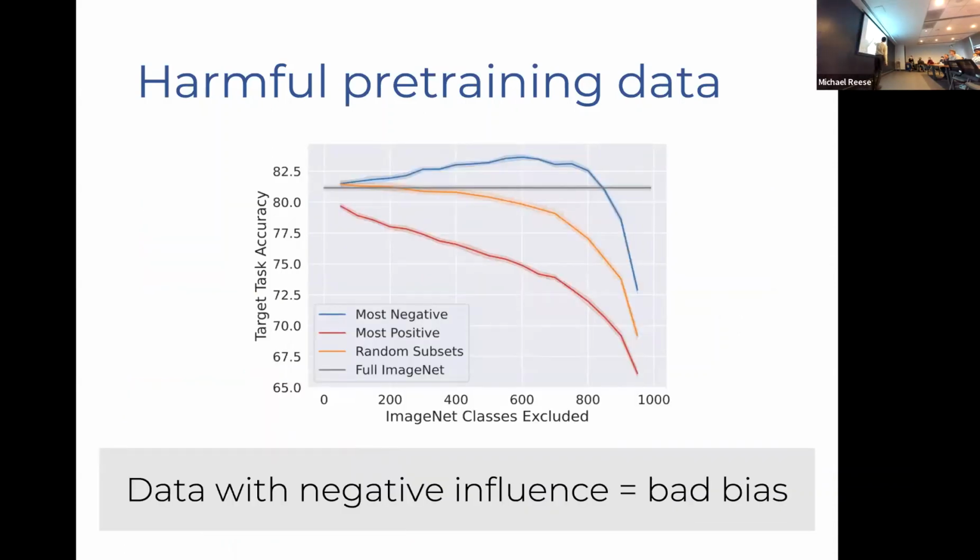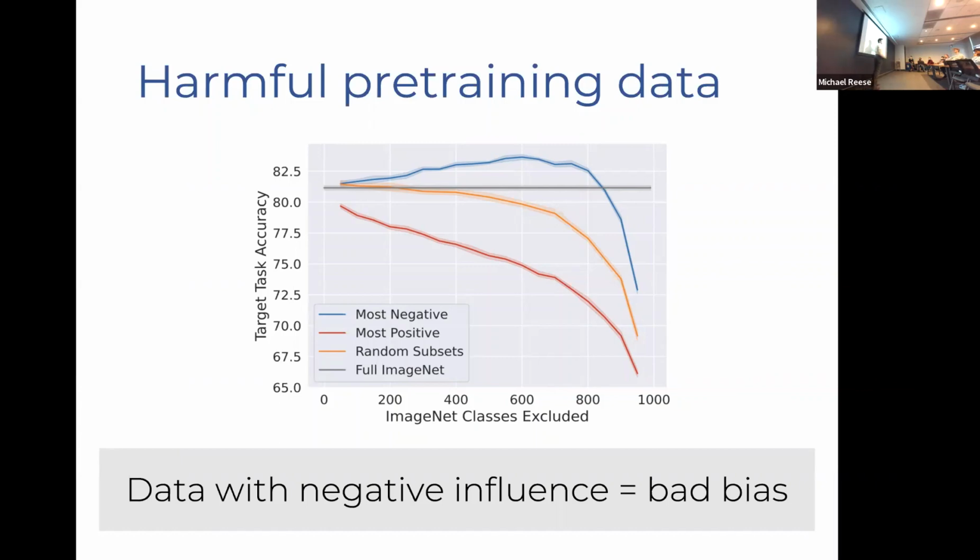Here the gray flat line is your baseline accuracy with standard full ImageNet training and then transferring to CIFAR10. And this blue line is if you remove the negative influencers from ImageNet, do your pre-training, and then transfer to CIFAR10.